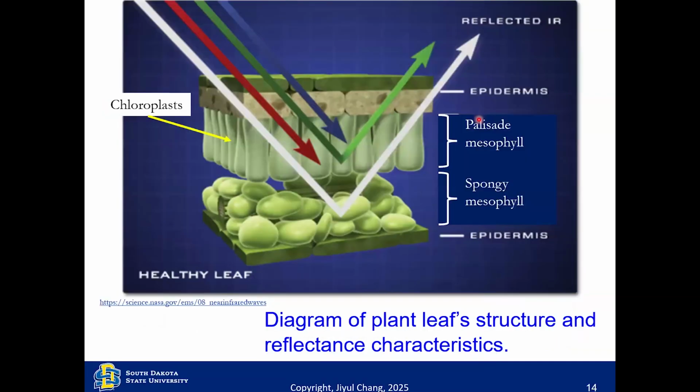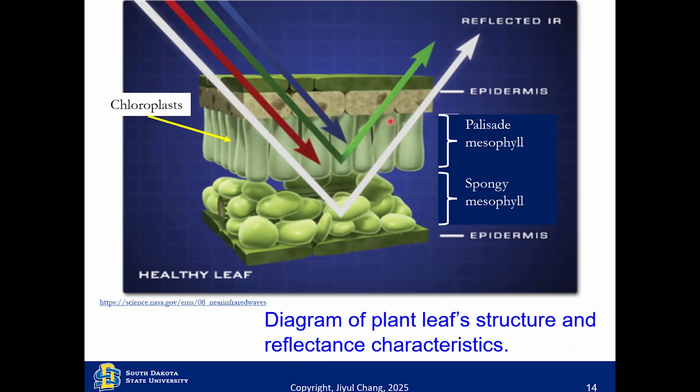Now, why can we use remote sensing for agriculture? Because of this. This is a dissection of a plant leaf. This is the top layer, this is the bottom layer, and then these are the layers in between. We call this the palisade mesophyll layer.